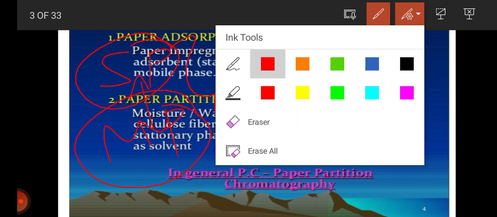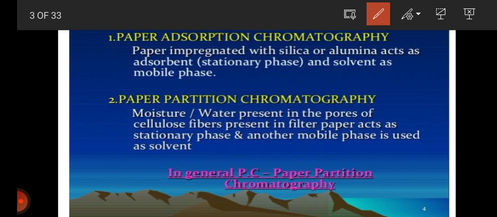Mostly the stationary phase is a solid support, in the form of solid, whereas the mobile phase is always in the form of liquid. So what is the difference between paper adsorption chromatography and paper partition chromatography? In paper adsorption chromatography, you have to take one rectangular paper. It depends upon the types of samples we are going to separate.